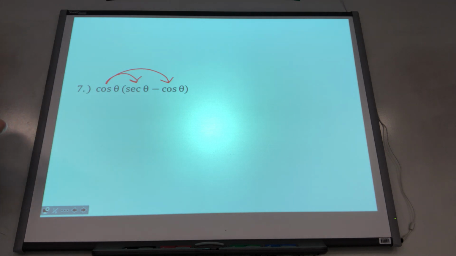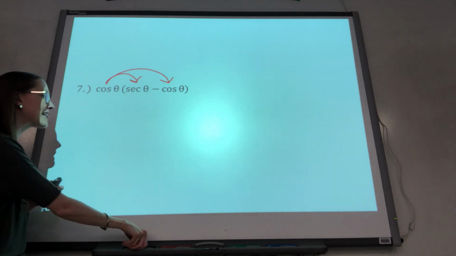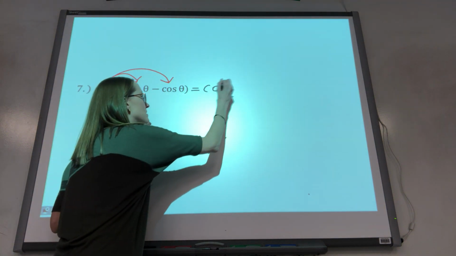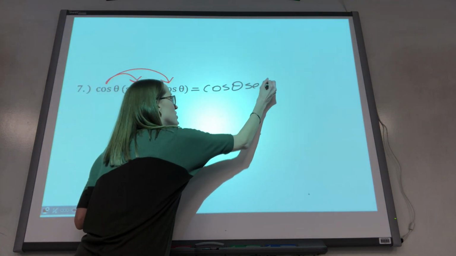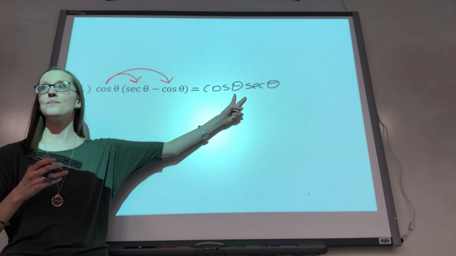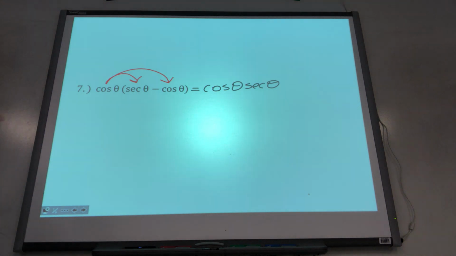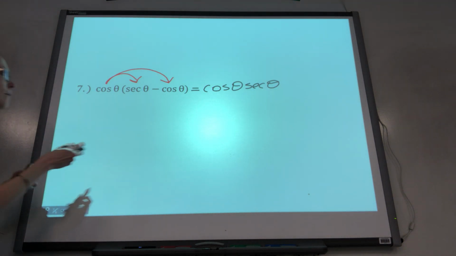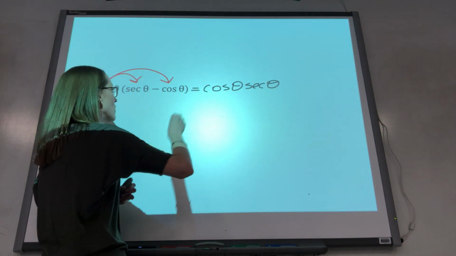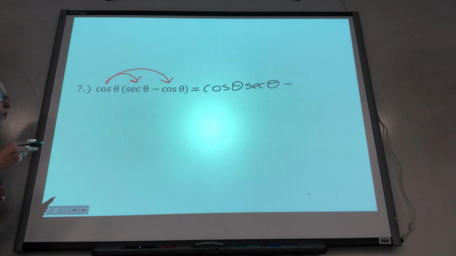I kind of know that this is the right way to do it because when I take cosine of theta times secant of theta, I'm just going to put them right next to each other for the time being. But I like that because I know cosine and secant are reciprocals. So in the next step, that should work out really nicely. So I think distributing is the way to go.